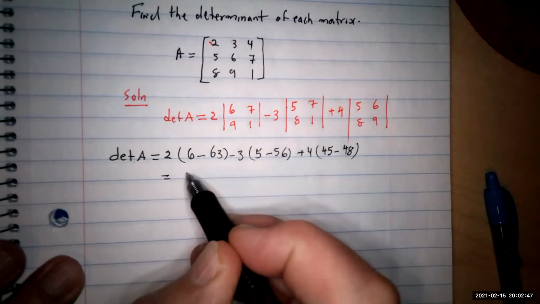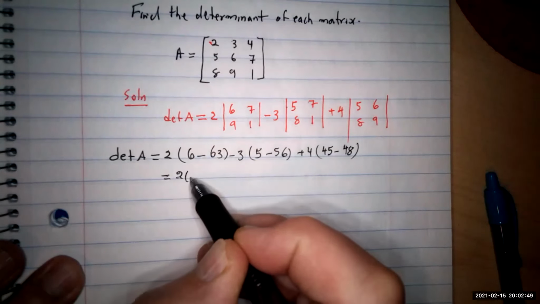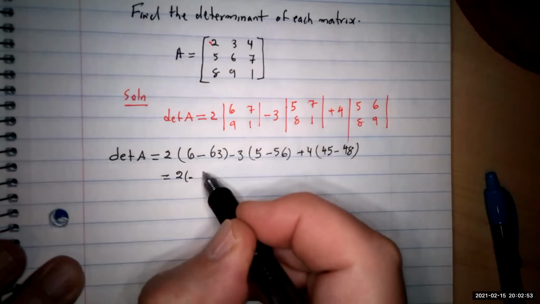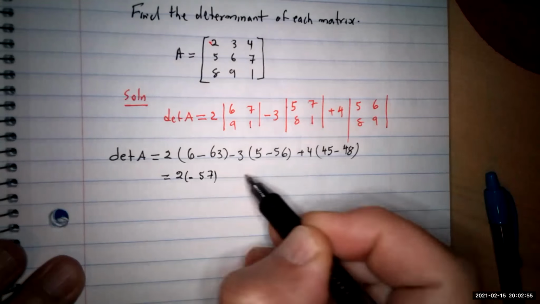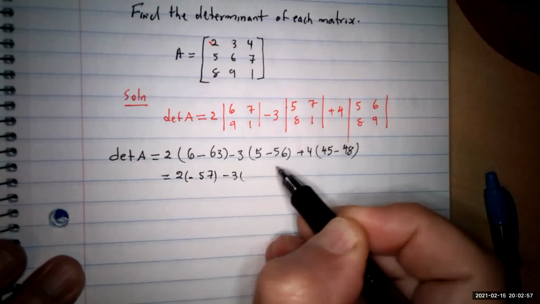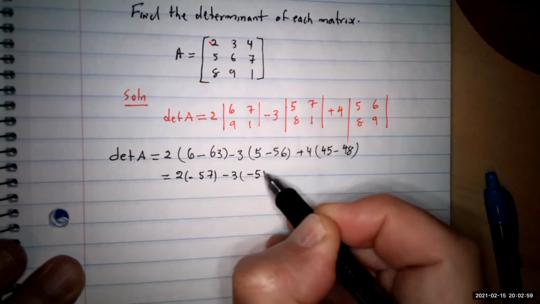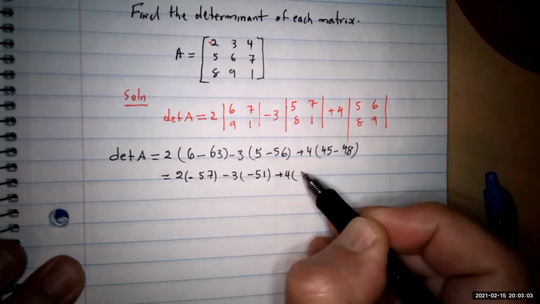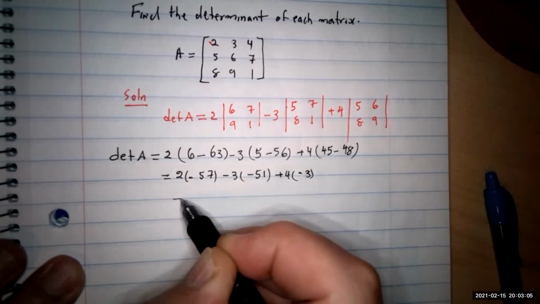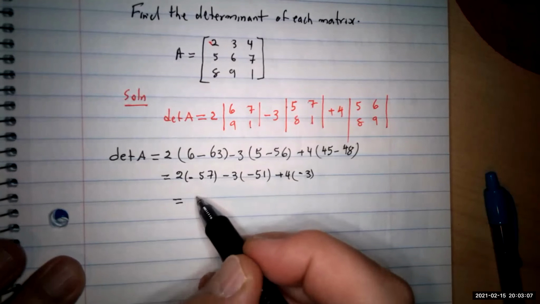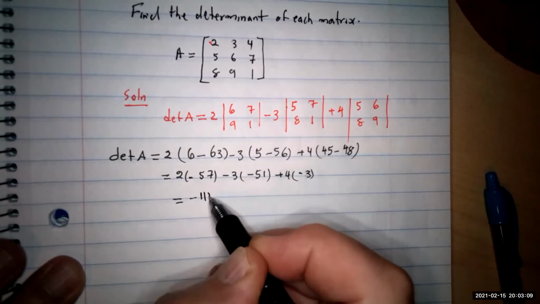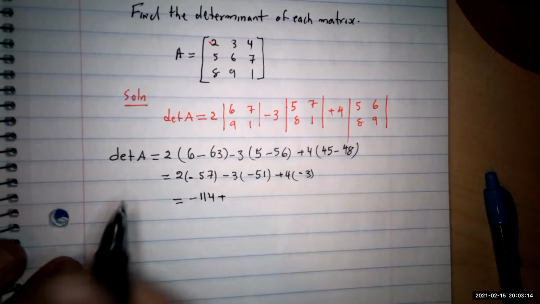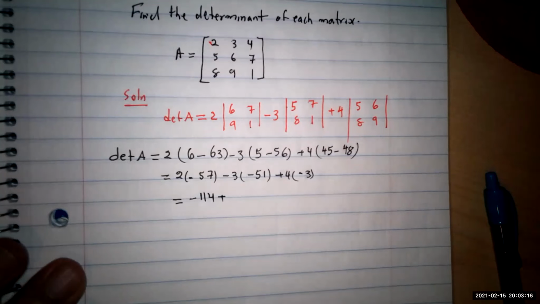So this is going to be what? It's going to be 2 times negative 57, minus 3 times negative 51, and 4 times negative 3. So the result is going to be negative 114 plus 153, and then minus 12.